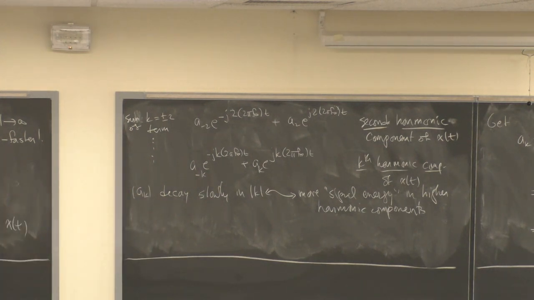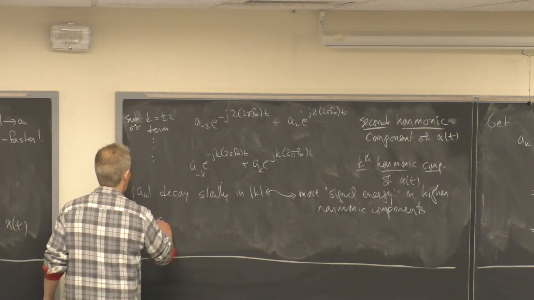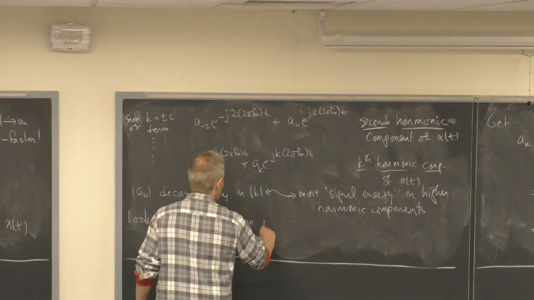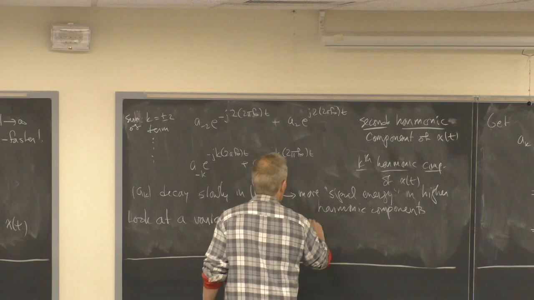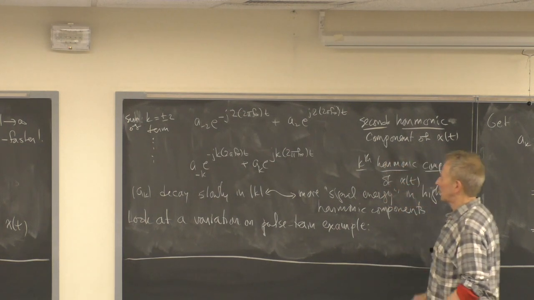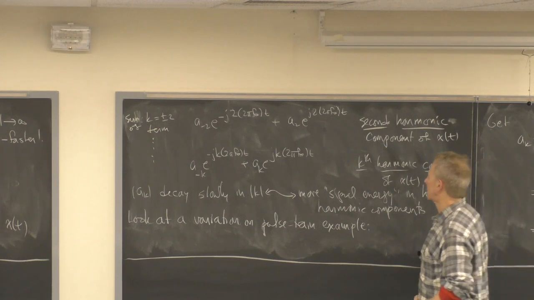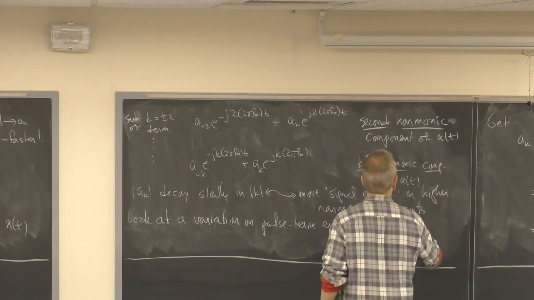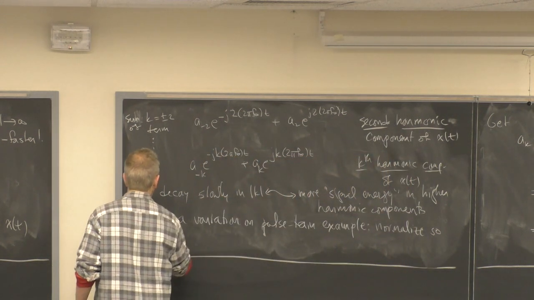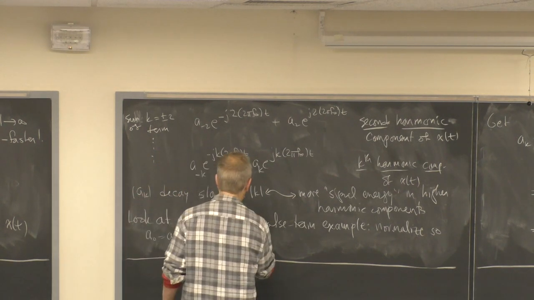I want to go back to the pulse train example, and look at a variation on the pulse train example. What we're going to do is normalize the heights of the pulses so that the average value, the DC value, which is just A0, is always 1.